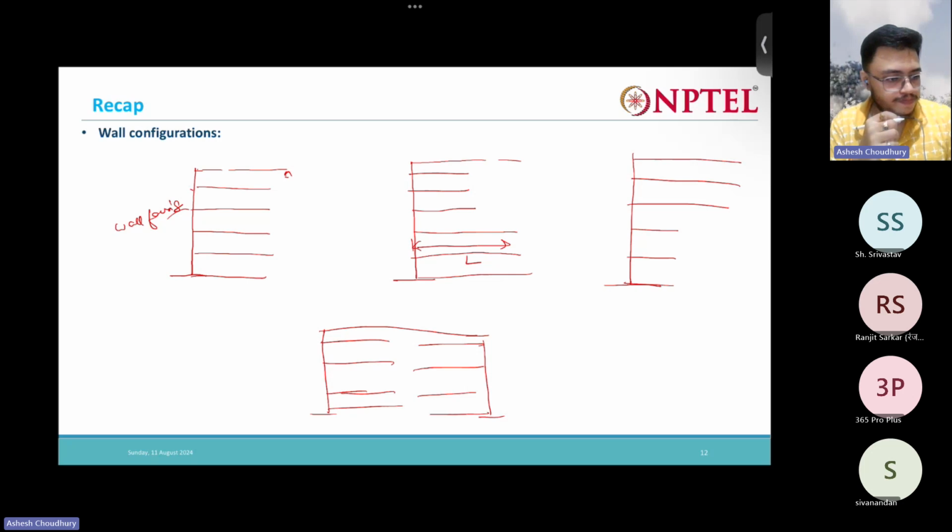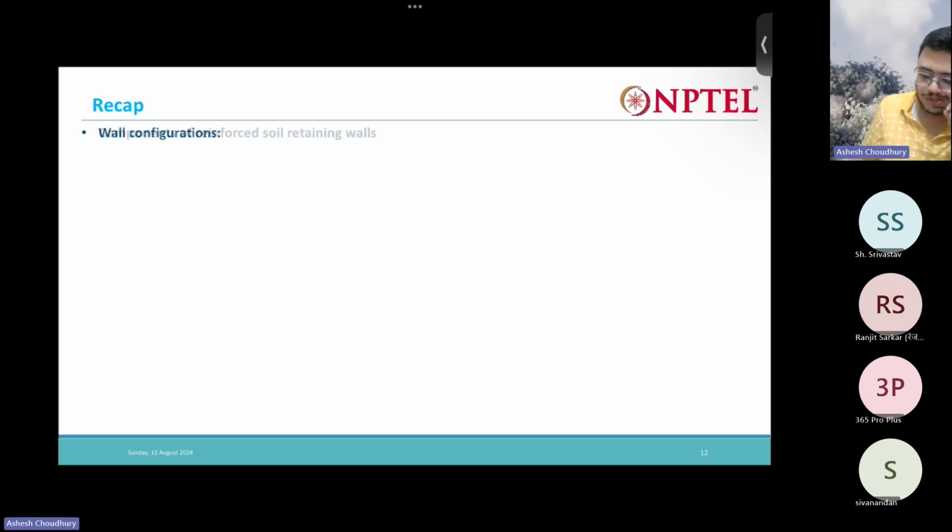Okay. So now, what are the main components of a reinforced soil wall system? A reinforced soil retaining wall system. What are the main components? You will tell me. I will just draw a rough diagram.